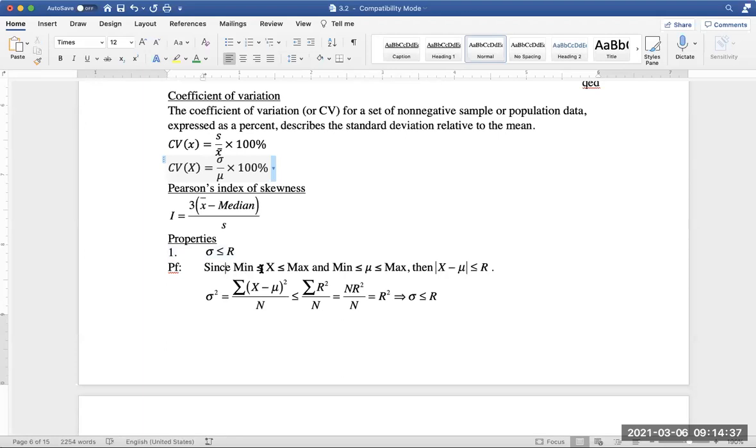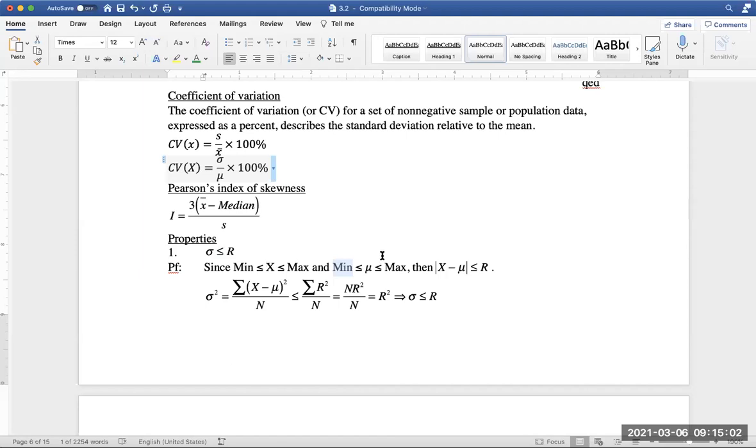Since X is between the minimum value and the maximum value of your data, let's add these all up and divide by n. If you add all these n numbers up and divide by n, you still get the same number.